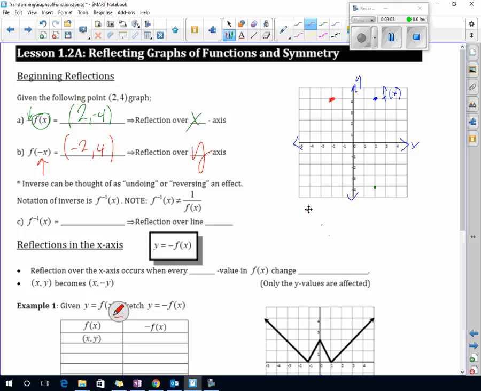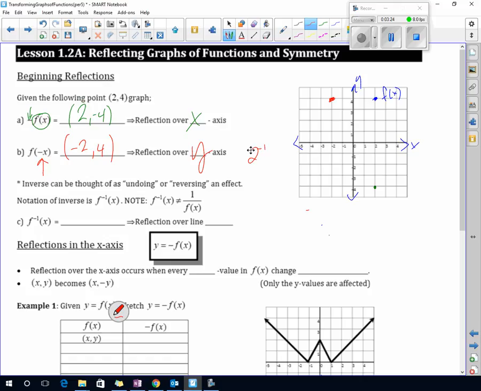Anyways, so inverse function, this is not an exponent. It's a notation. It does not mean 1 over f of x. Remember, if you have 2 to the power -1, and that's 1 over 2, that's not what this -1 means. It's a notation, just like on your calculator it says inverse cos, inverse tan, all that, right?